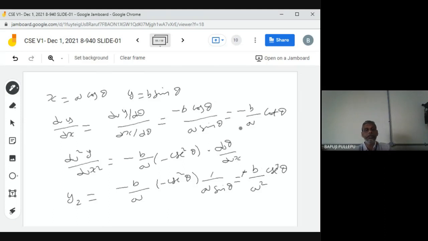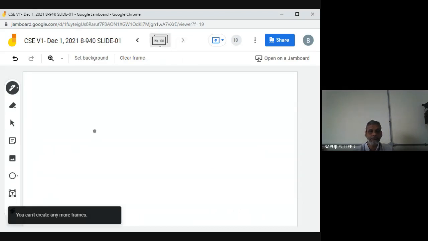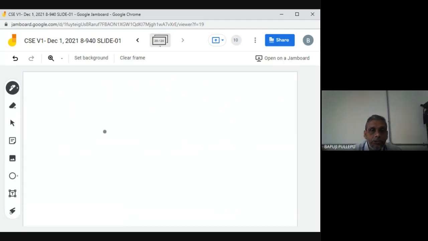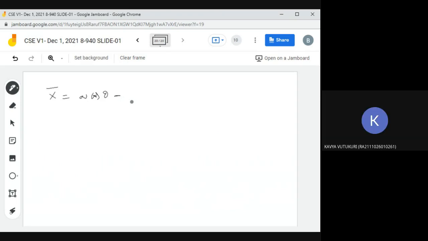Now come on, slowly do it. x bar is equal to x minus, who is x actually? a cos theta, minus y1 which is b by a cot theta. Minus b by a cot theta.